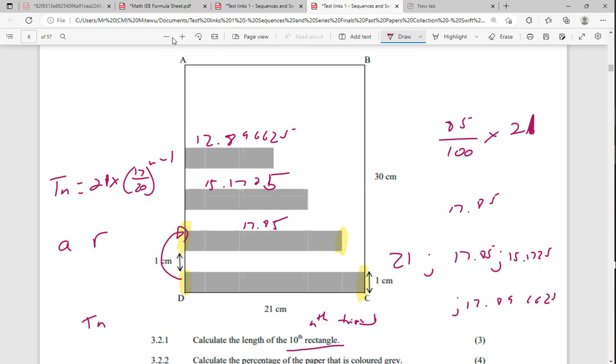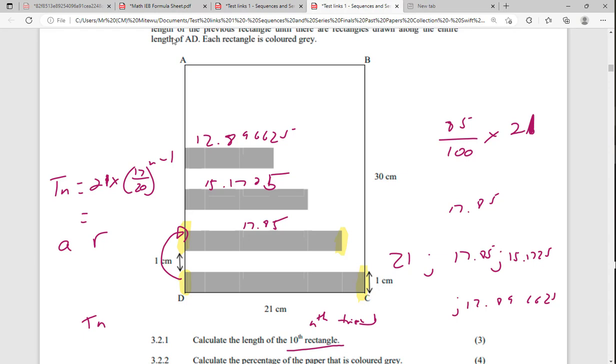Now we have our general equation. For the 10th term, 21 multiplied by 17 over 20 to the power of n minus 1, where n is 10 in this particular case, because we're trying to find the 10th triangle. Then we get an answer of 4.86395.